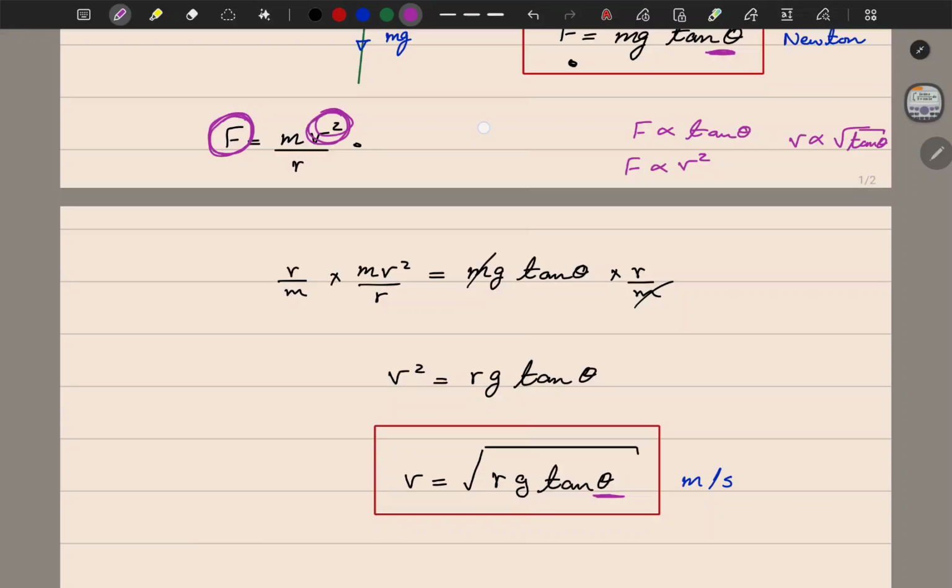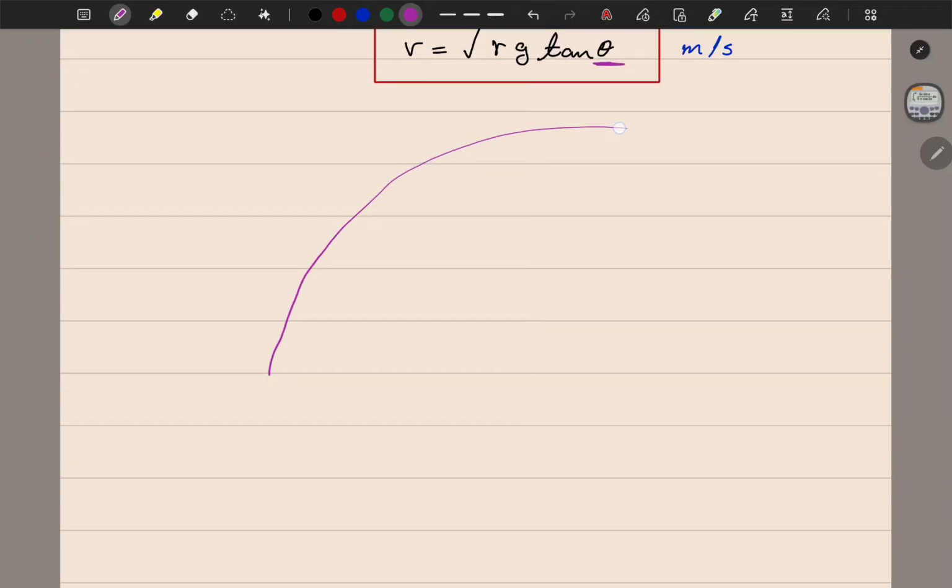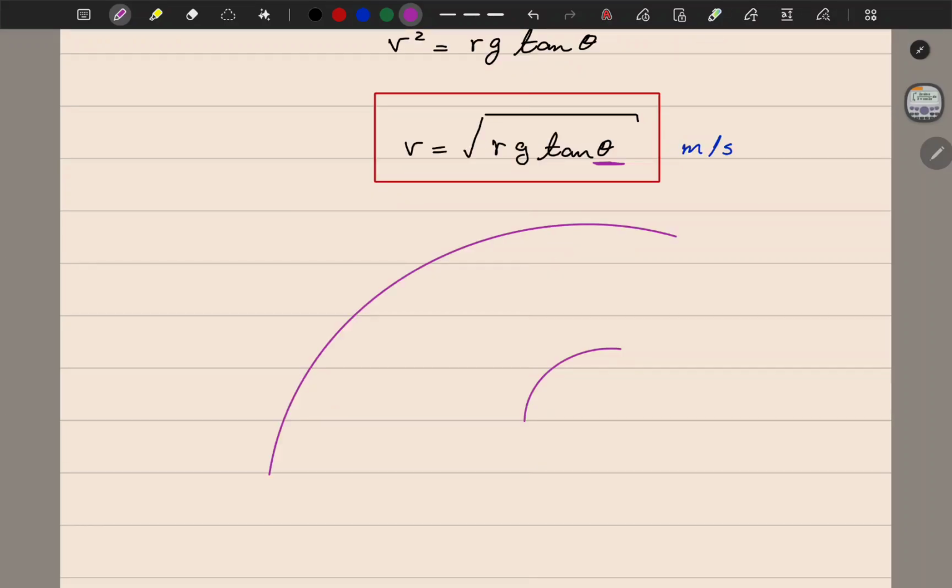While F is inversely proportional to the radius. So if the radius is less, F becomes more. So if you're taking a longer turn, you're going to need less force than the force you're going to need if you're taking a shorter turn. And all that is going to be reflected on the angle theta, or the banking angle.